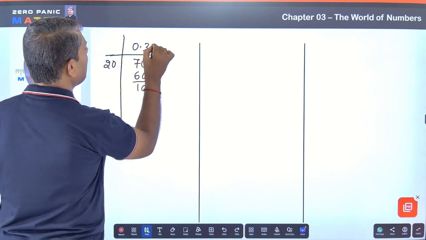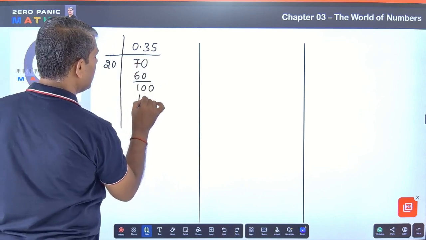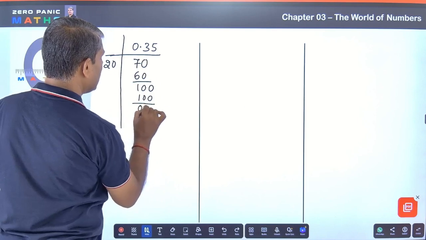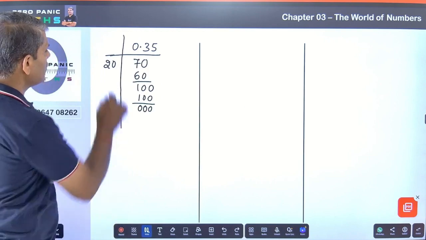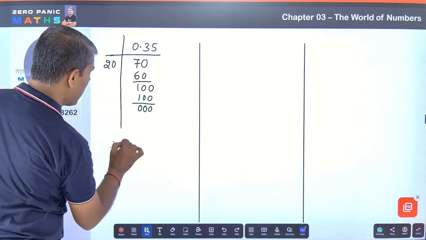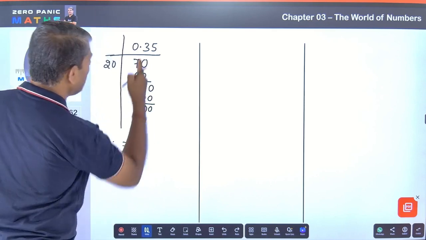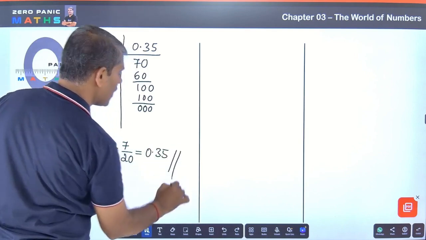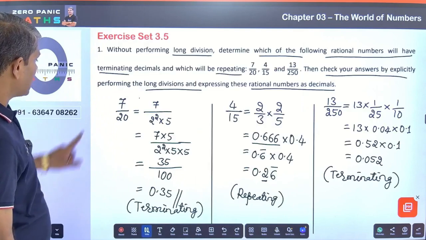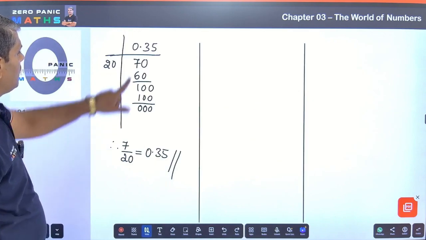I can directly divide 100 by 20, which is 5. When I get a remainder of 0, I should stop dividing. So I started with a division of 7 by 20, and what exactly I got is 0.35. This is how I verified this answer, 7 by 20 as 0.35, by long division process.